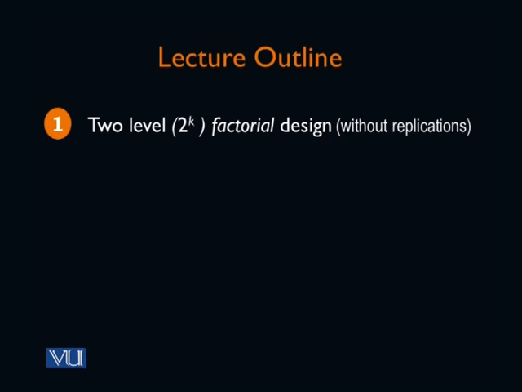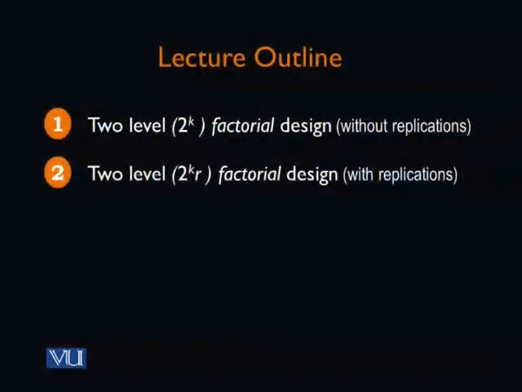So we represent this design as 2 raised to k. This is because in such a design we would need to have 2 raised to k experiments, and 2 here represents the number of levels of every factor, and all in all we have k factors. So for such a setting you need to perform 2 raised to k experiments.